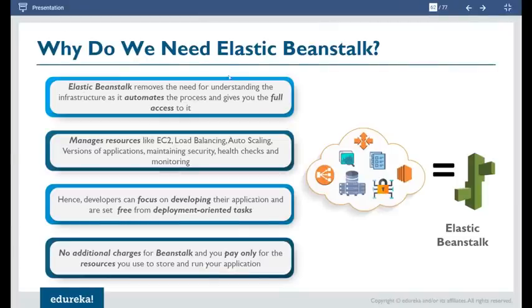So Beanstalk removes the need for understanding infrastructure as it automates the process and gives you full access to it. Manage resources like EC2, load balancing, auto scaling, versions of application, maintaining security, health checks, and monitoring. We saw all of this option, right?